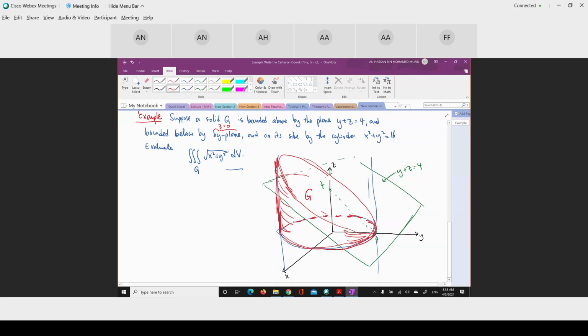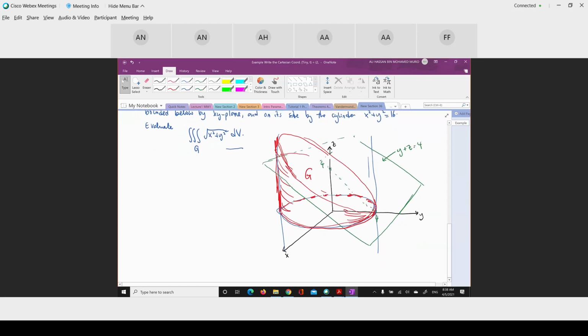It is suitable to evaluate this triple integral using polar coordinates, which means in terms of cylindrical coordinates.